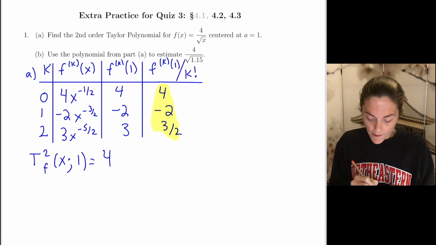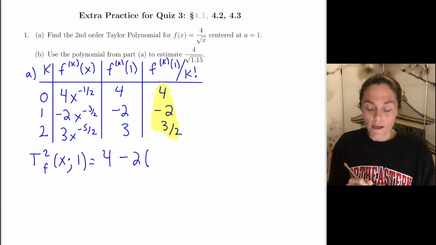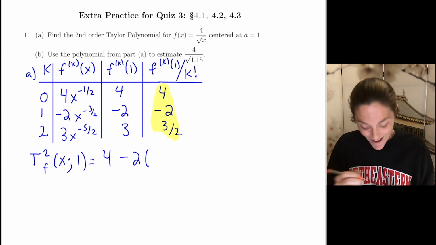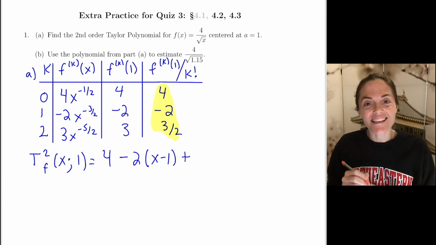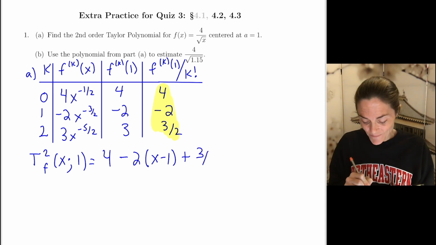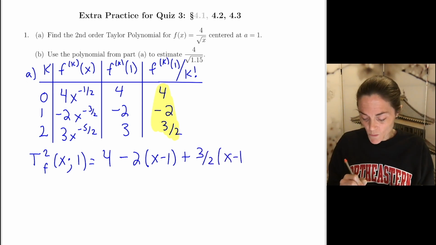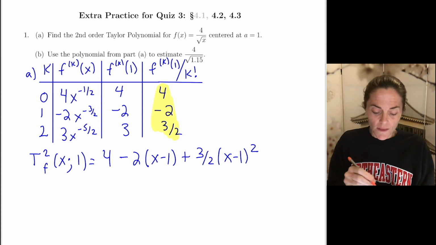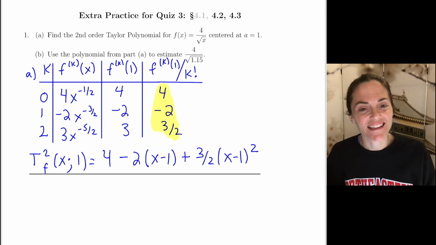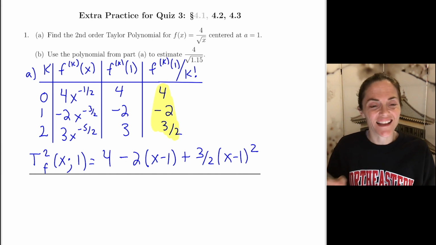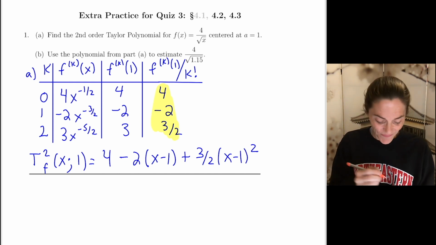It's 4, and then we have minus 2. Now, don't forget the center is 1. So we have times x minus 1. And then plus, we have 3/2 x minus 1 squared. This is the answer to part A. This is my second order Taylor polynomial for this function centered at a equals 1.